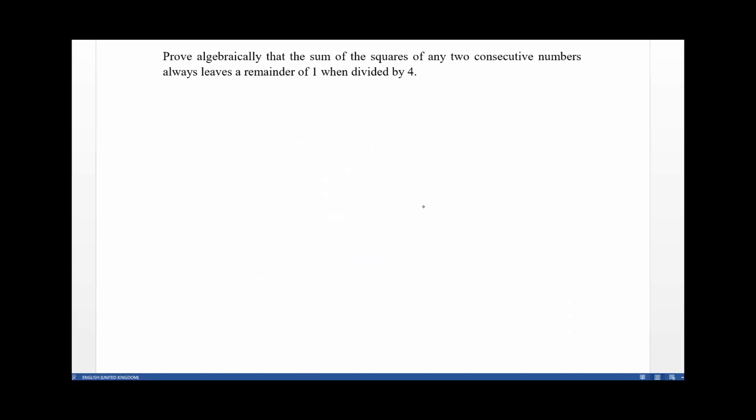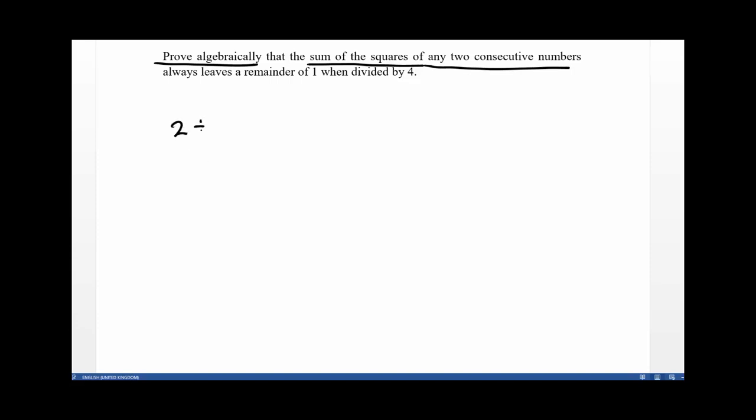Okay. Prove algebraically that the sum of the squares of any two consecutive numbers always leaves a remainder of 1 when divided by 4. So first thing we're going to do is prove it algebraically. Secondly, they're looking for the sum of squares of any two consecutive numbers.